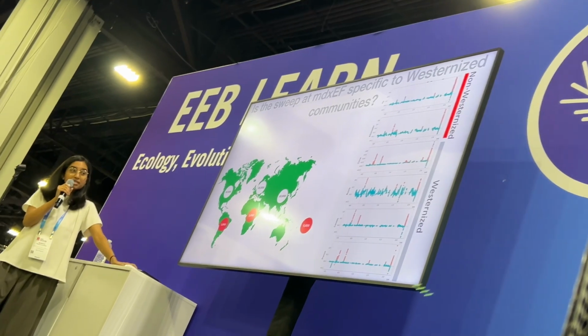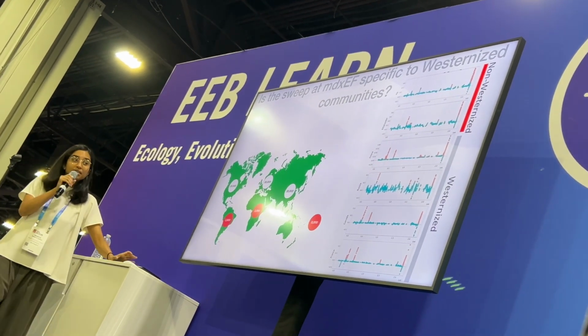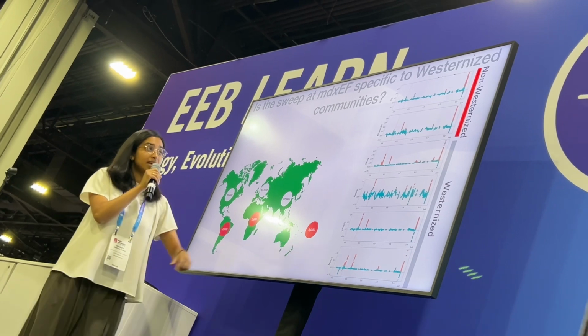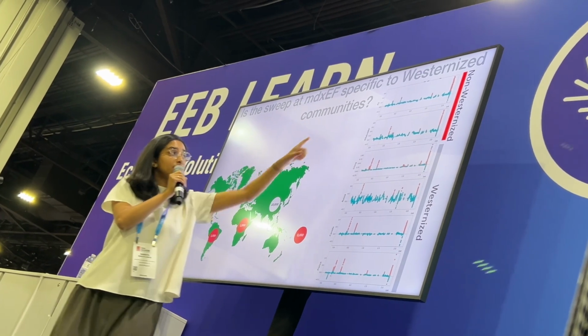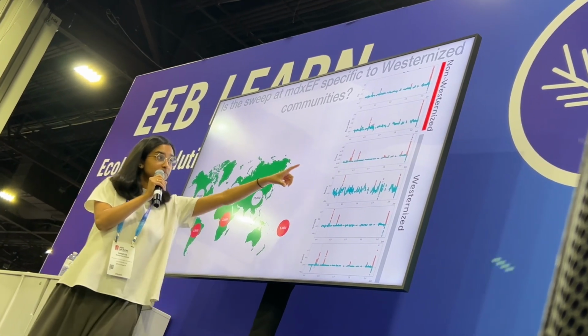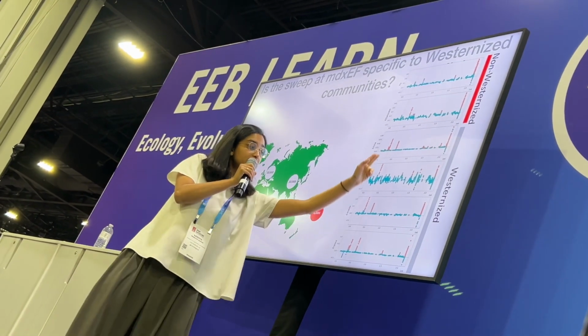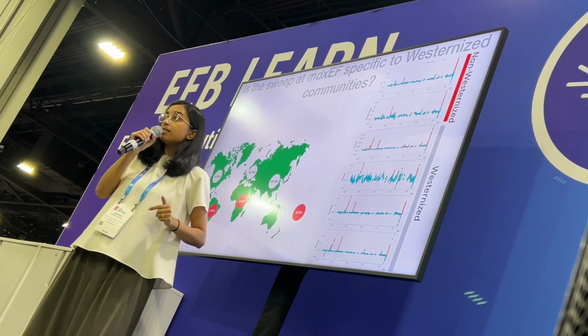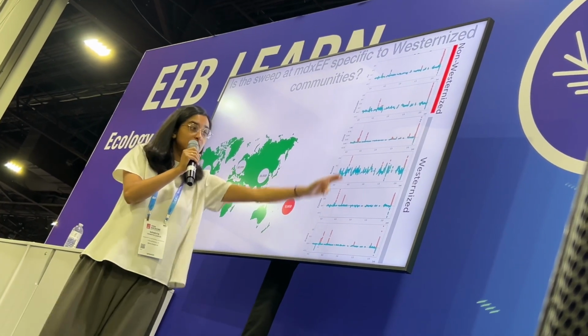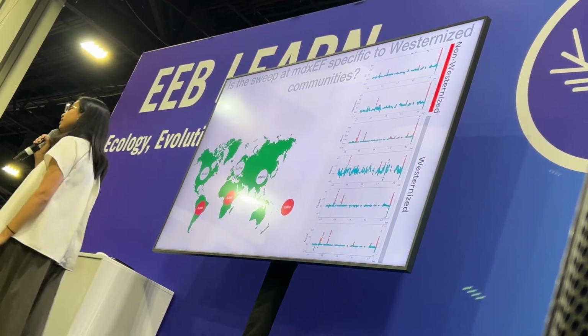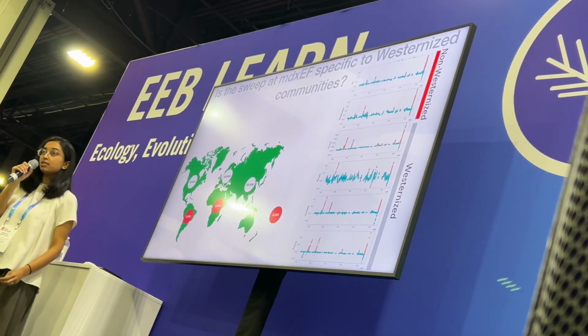And so here's the scan of Ruminococcus bromii. I'm showing a sample of our scans. On the top are non-Westernized populations, and on the bottom are Westernized populations, and colored here in yellow is the MDXEF locus. And it only shows up as significant in Westernized populations, not in non-Westernized populations.